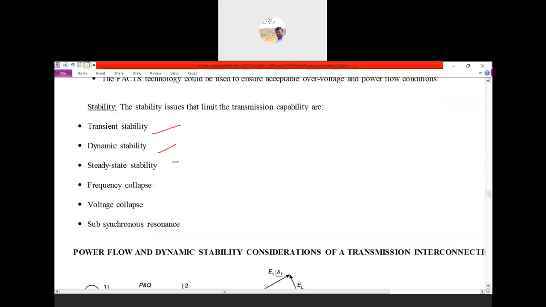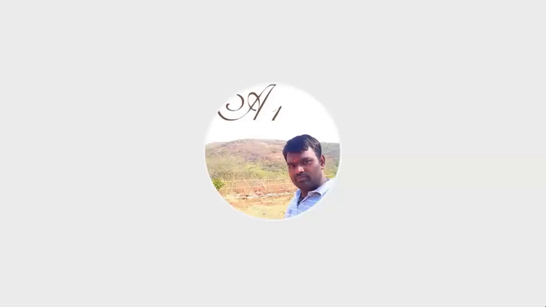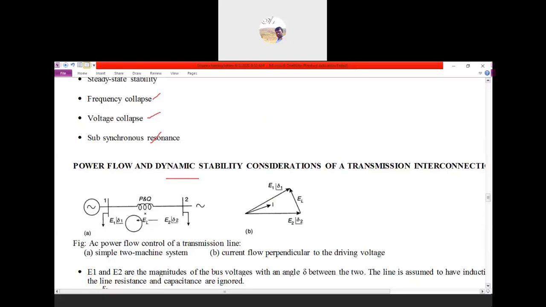In dynamic stability there are continuous variations, and it should follow a sine wave.